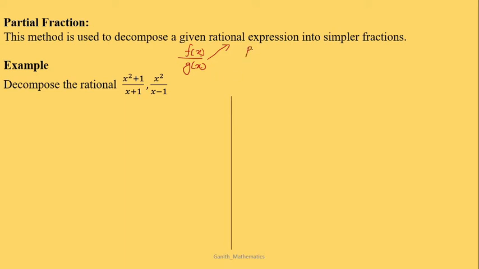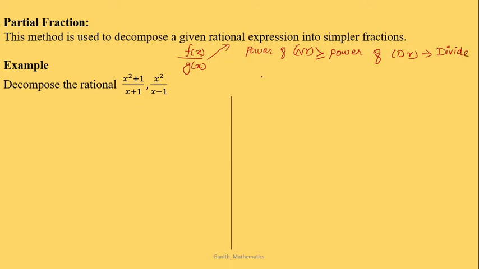So, power of numerator is greater than or equal to power of the denominator. I just denote numerator as nr and denominator as dr. In this case you have to divide the function.